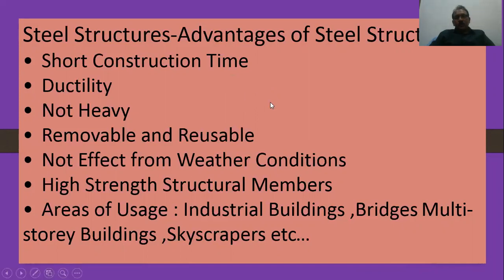Suppose you construct an industrial structure and at present it is not required and you want to shift, you can remove this structure and use this frame at the place where you want to establish it. So this is one of the main advantages of steel structure.